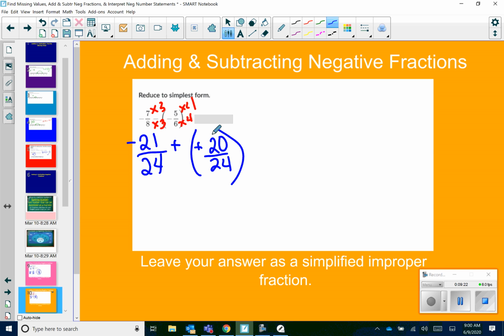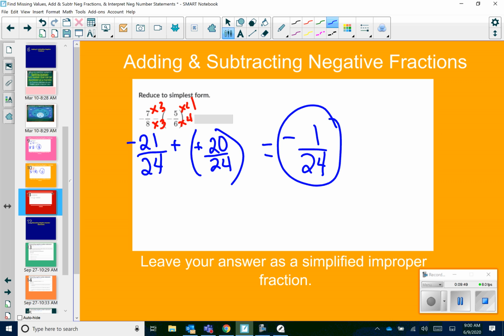So now I'm solving negative 21 over 24 plus 20 over 24. I have different signs, which means that we're going to subtract, and we have more negatives than positives. My denominator stays the same. We have more negatives than positives, and 21 minus 20 gives me a 1 when I subtract it. So your final simplified answer would be negative 1 over 24.